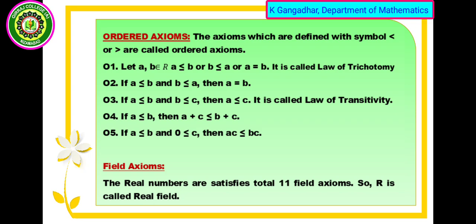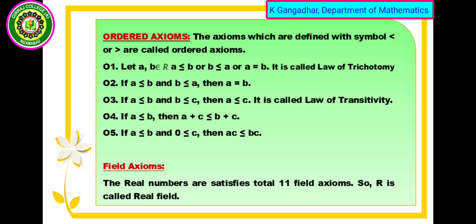Next, O4. If a less than or equal to b, then we write a plus c less than or equal to b plus c. Next one, if a less than or equal to b and 0 less than or equal to c, then ac less than or equal to bc, where c is positive or equal to 0.